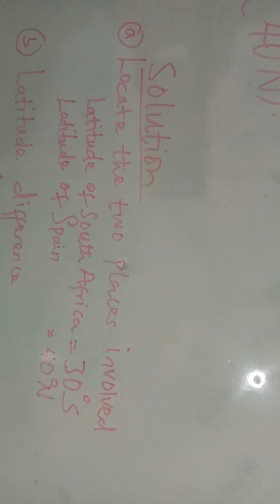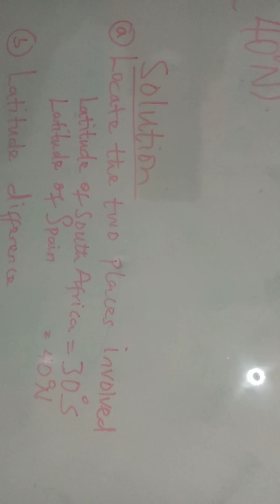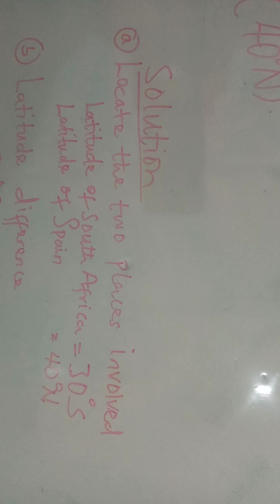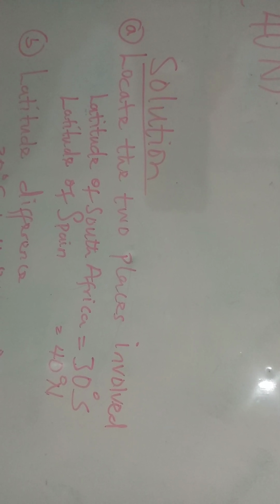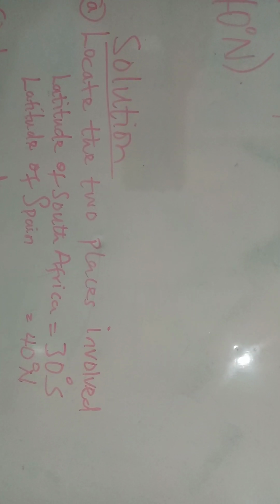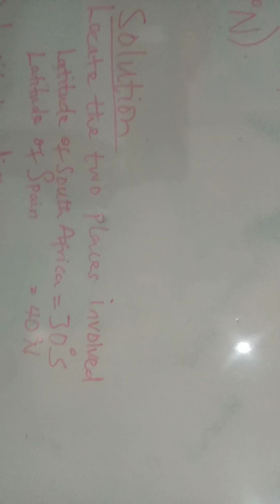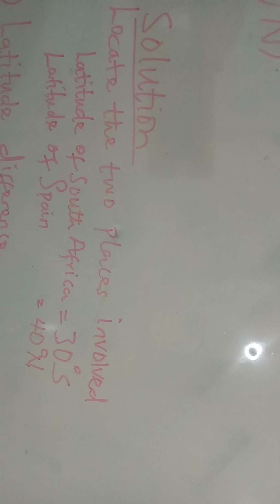The next one is latitude difference. Now, in the previous procedure, it said if both of them are north, you subtract. If both of them are south, you subtract. If it is north and south, you add.